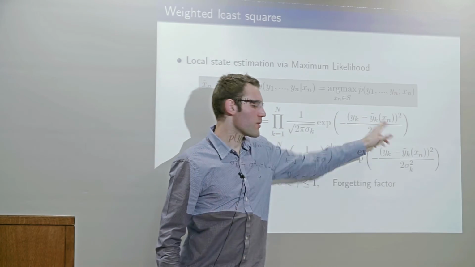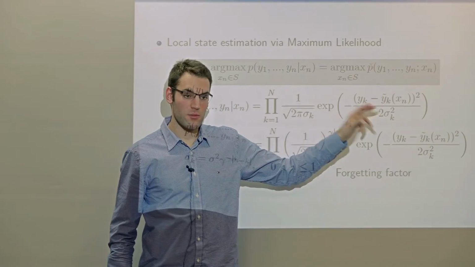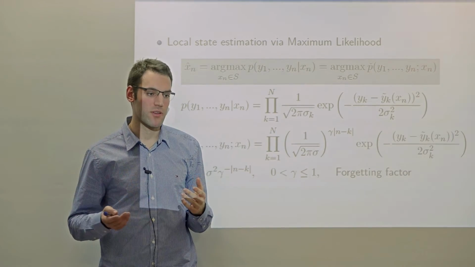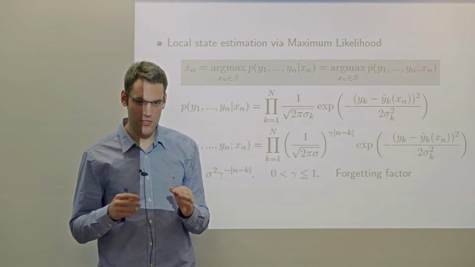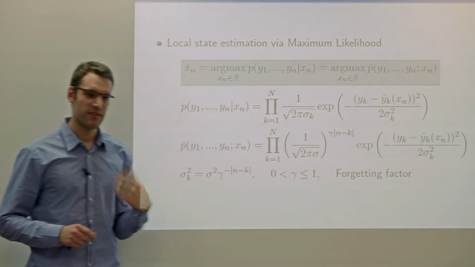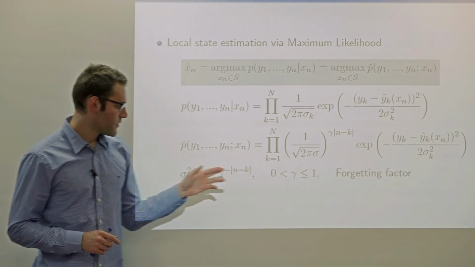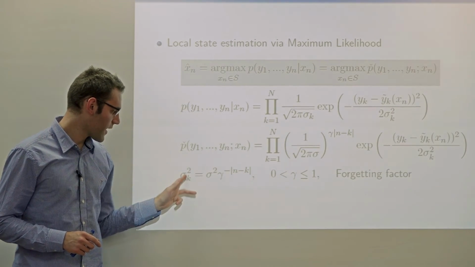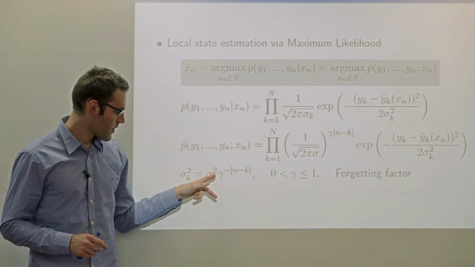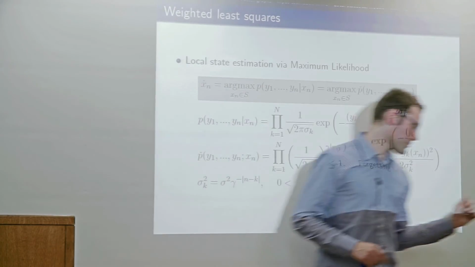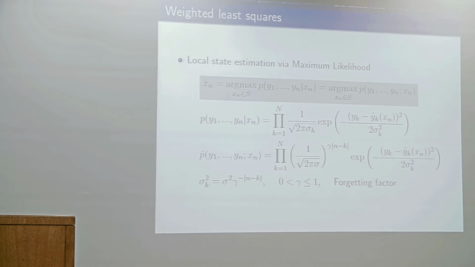So this is the least squares error, and the main point is that usually in least squares you just sum up all errors equally. But we introduce a localization. How? Localization is in this sigma. It has an index k, so we have sigma k, which is sigma times this gamma. And I think I need again the whiteboard to illustrate that concept.